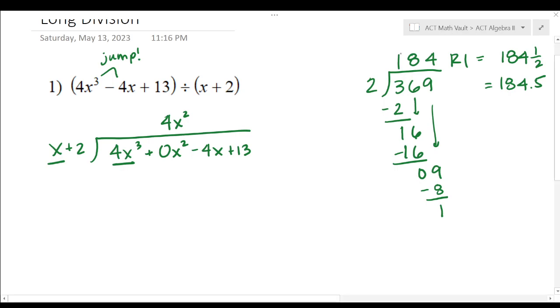Now, remember here, once we had this 1, we subtract off the 1 times 2. We're going to do the same thing. We're going to subtract whatever this times the divisor is. So we have 4x cubed plus 8x squared.